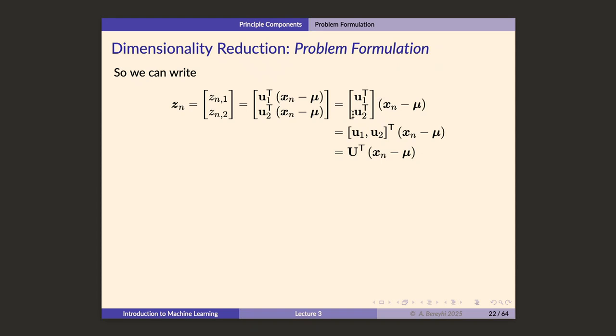Now, these u1 and u2, I told you they are bases in the reduced space. So I can put them next to each other. So u1, u2, I define it to be the matrix U, the capital U. And this matrix U, what I have here in the first line, is basically its transpose, right? So what I can say is the vector Zn, which contains all the reduced dimensionalities that I have, that vector which contains a smaller dimension, I can always write down in the form of this matrix U transpose times X minus mu, right?